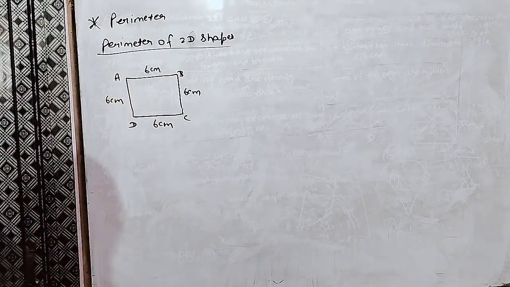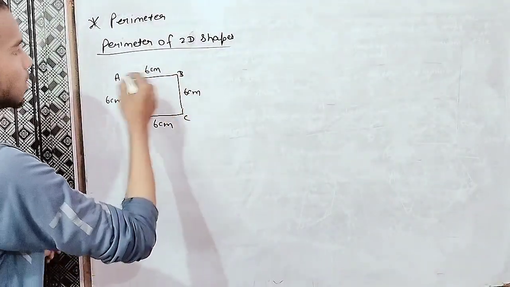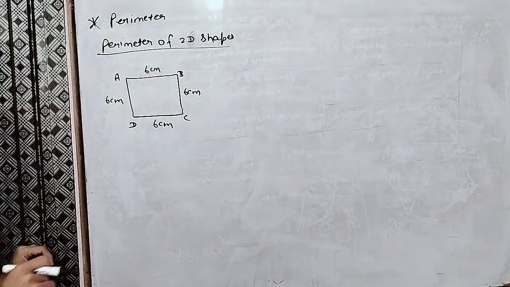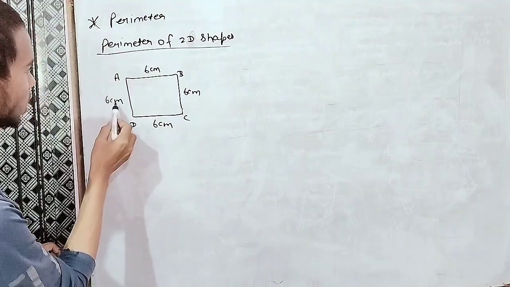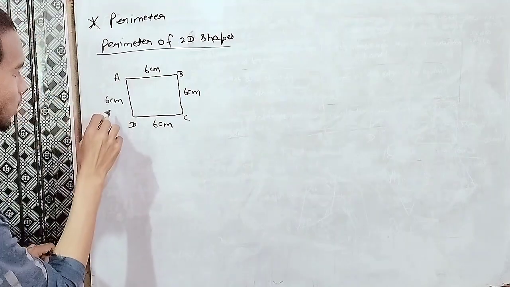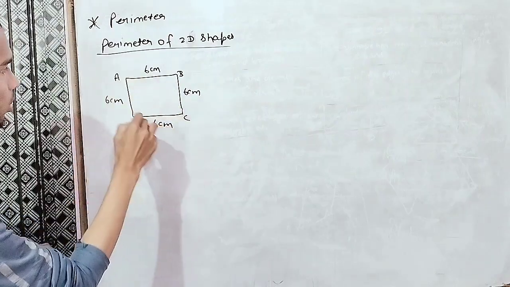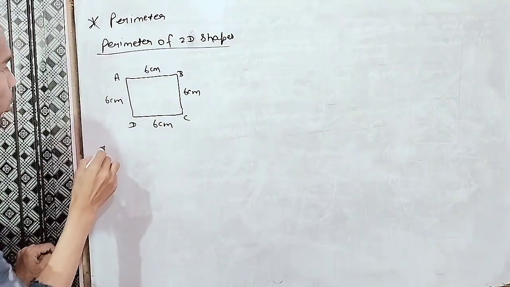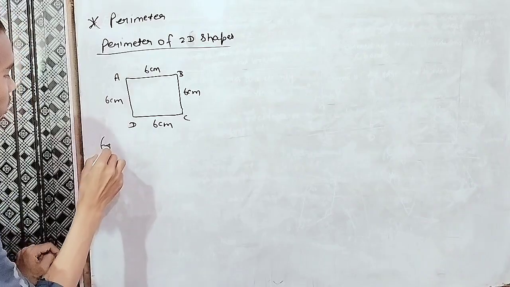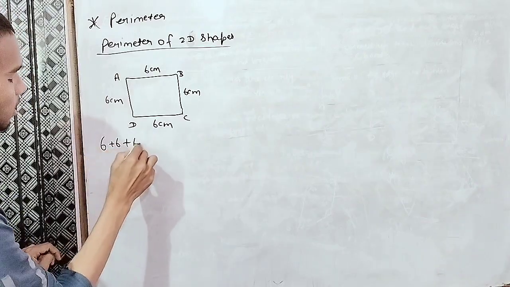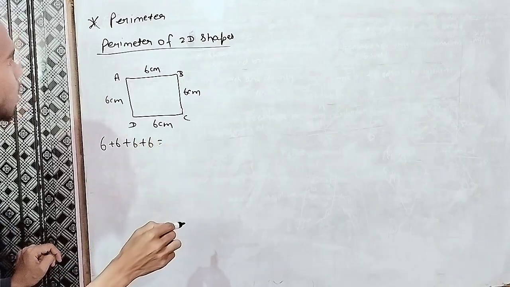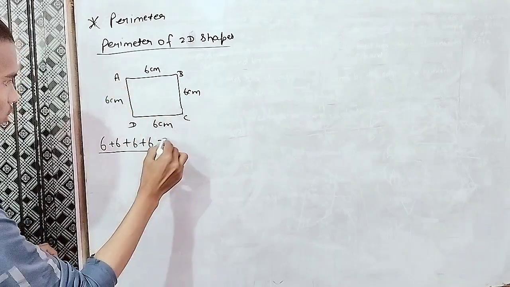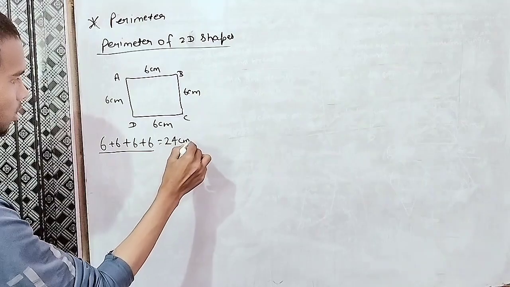This is a boundary. We have 4 boundaries, 4 segments. Here we are talking about perimeter. So, of course, we understood that the total length of the shape will be calculated together. 6 plus 6 plus 6 plus 6 will be the perimeter of this shape. 6 times 4 is 24 centimeter.